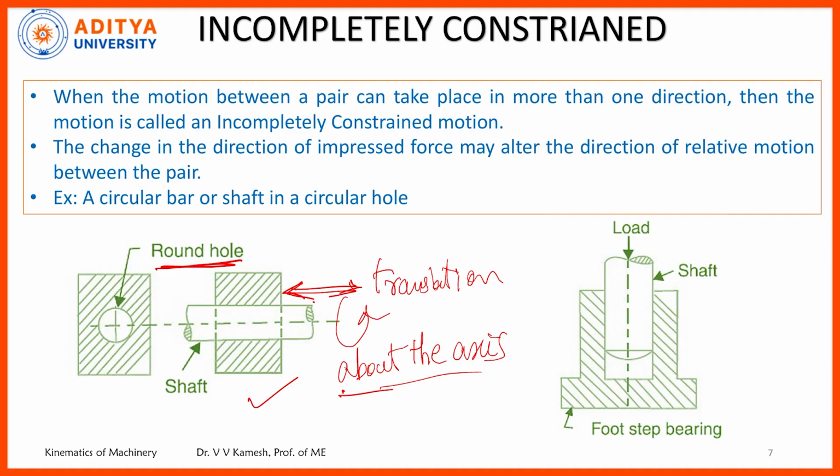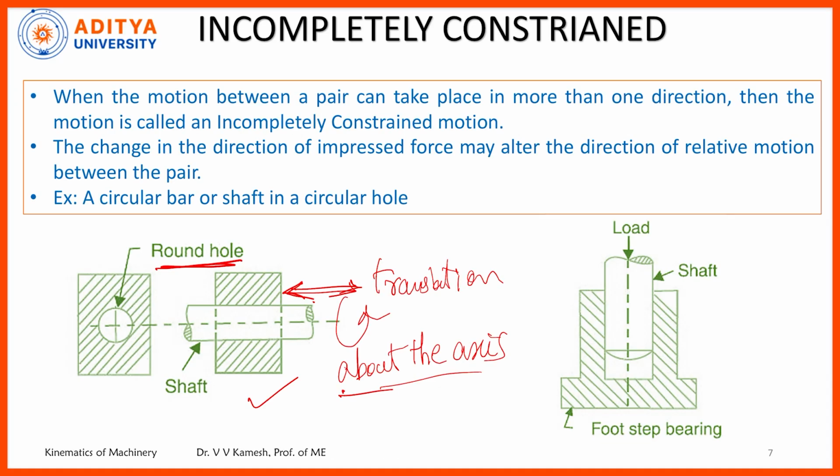Now you can see the right hand side diagram. In the footstep bearing, initially don't consider this load, forget about this. I am having only the footstep bearing, and inside I am having some gap. In this gap the shaft is placed.